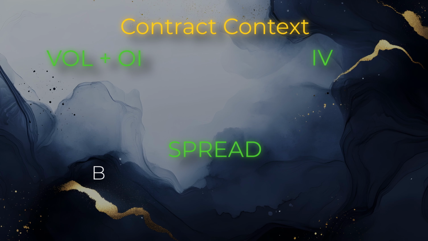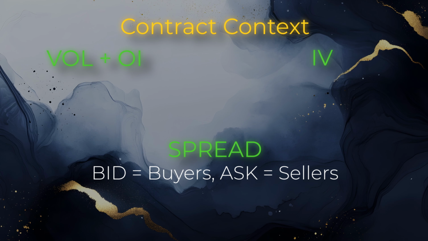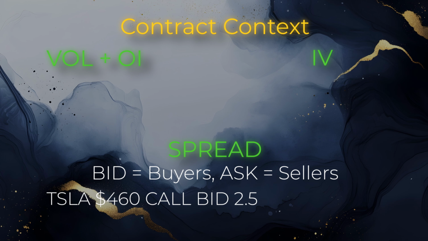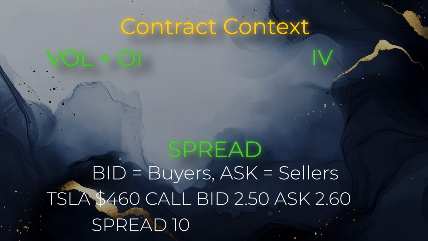First up, we've got the bid and ask. The bid is what buyers will pay right now. The ask is what sellers want. The gap between them is the spread. My rule, I never trade a contract where the spread is more than 5% of the mid price. For example, Tesla 460 call, bid 2.50, ask 2.60, mid 2.55, spread is 10 cents.